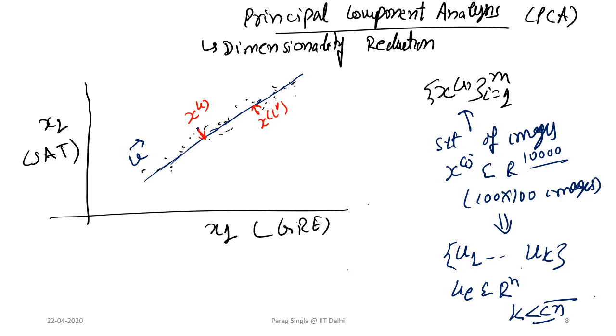And this data will also be projected on this line. For each of these data points we will get these projections z1, z2, up to zm. So this projection is your point zi, and this is your zi prime.